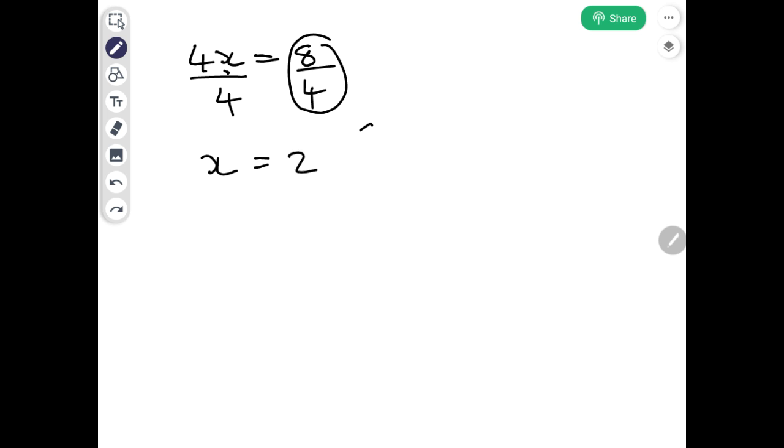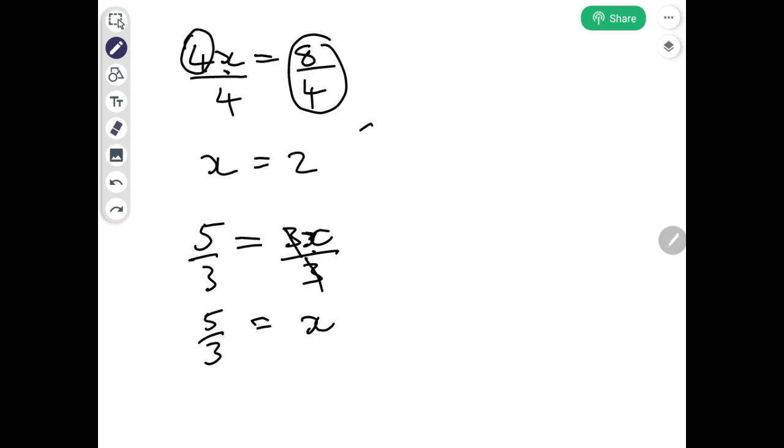See? So if maybe we had 3x is equal to 5, because you want the value of x, you'll say divide by 3, so that your x, this will cancel this, is equal to 5 over 3. So you always divide by the number that's on top here.